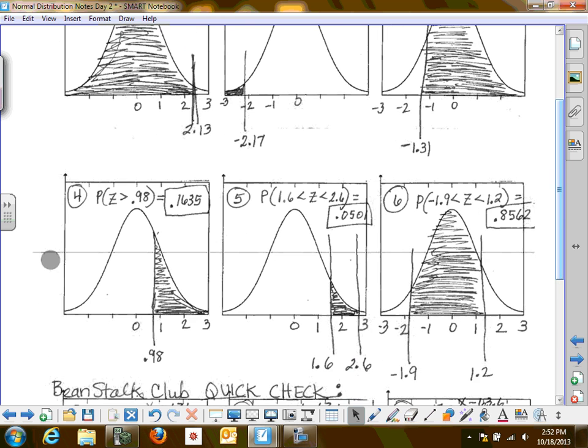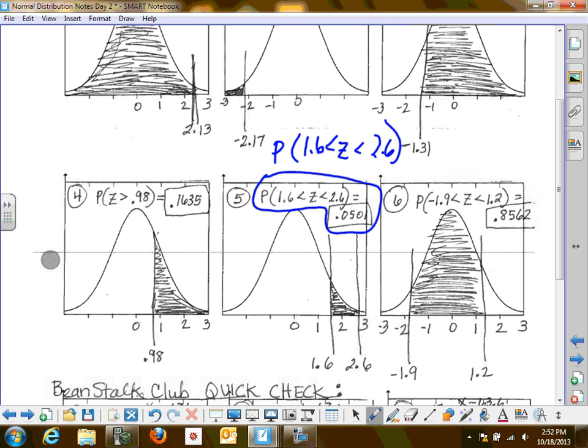So here's how you notate number 5 this way. See how you're saying the probability that your z-score is less than 2.6 and greater than 1.6, okay? So that's how you notate it, to be in between two values.